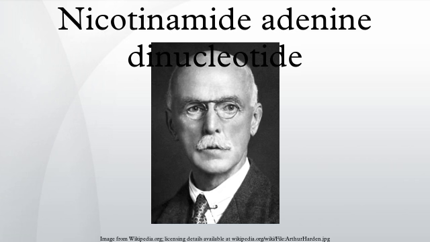Because each Rossmann fold binds one nucleotide, binding domains for the dinucleotide NAD+ consist of 2 paired Rossmann folds, with each fold binding one nucleotide within the cofactor. However, this fold is not universal among NAD-dependent enzymes, since a class of bacterial enzymes involved in amino acid metabolism have recently been discovered that bind the coenzyme, but lack this motif.